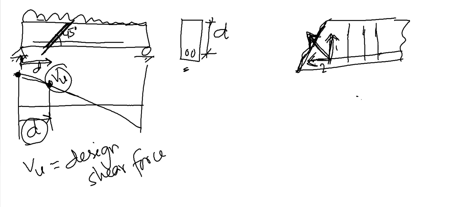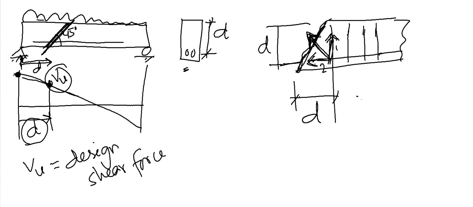Now by 45 degrees I mean that if this distance is d up to this reinforcement, this distance will also be d if this angle is 45 degrees. We need to know this concept. So hopefully from this portion you at least learn how to design shear reinforcement. Not in detail, just the overview: whatever your maximum shear force is, that is not the design shear force.